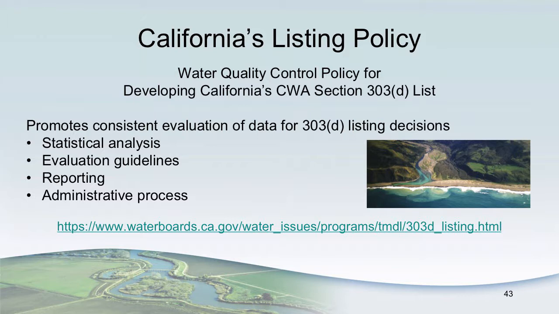If it's less than 10%, we would not consider the water body impaired. If you exceed more than 10% of the time, we would consider the water body to be impaired. So that's broken out in our listing policy. The policy also contains the process for determining what is readily available data, all of our reporting, and the process that goes with it. I have a copy over there if we want to go through it, and the link is available.